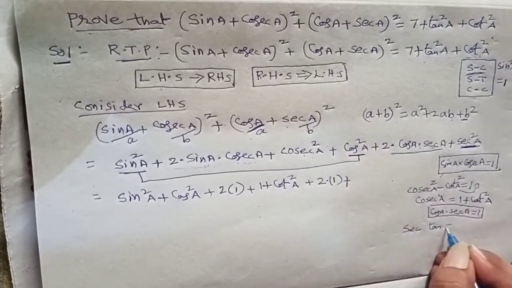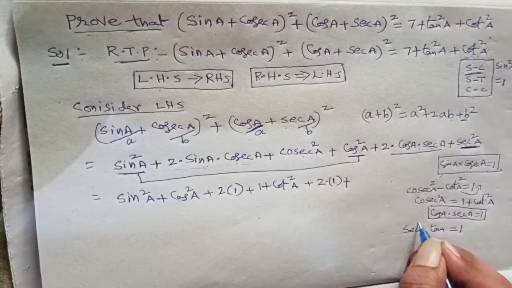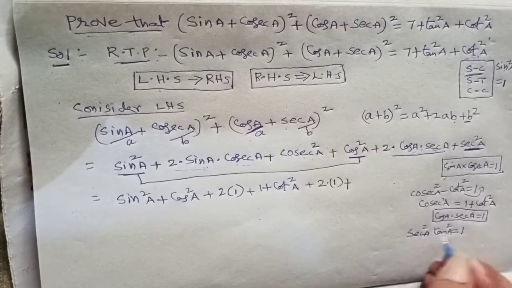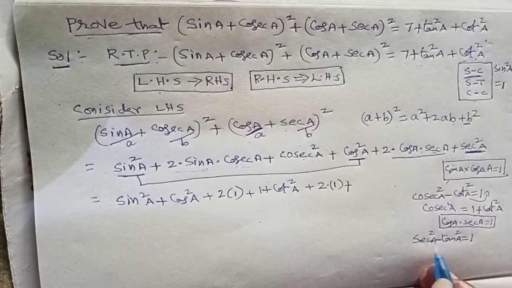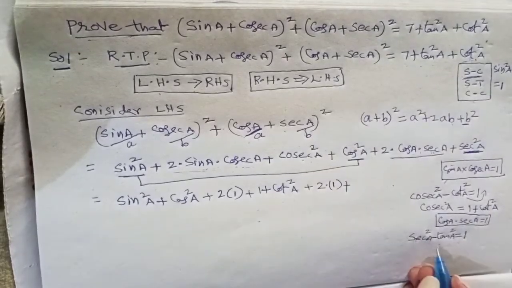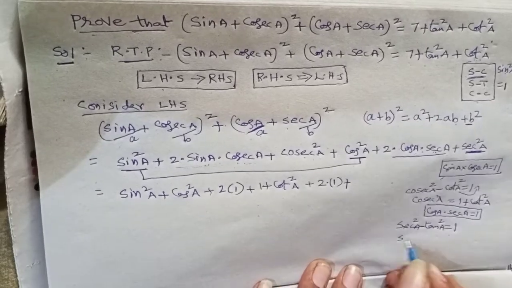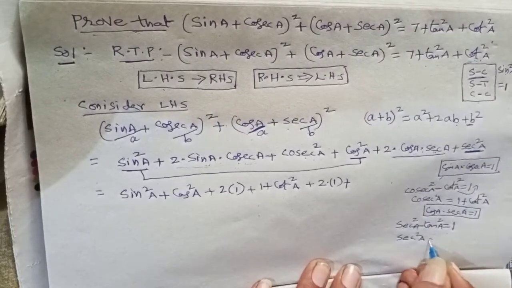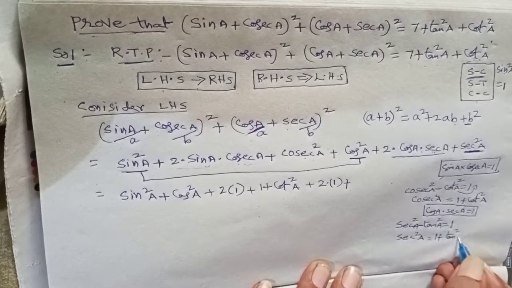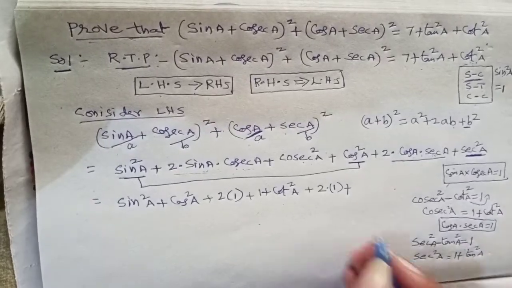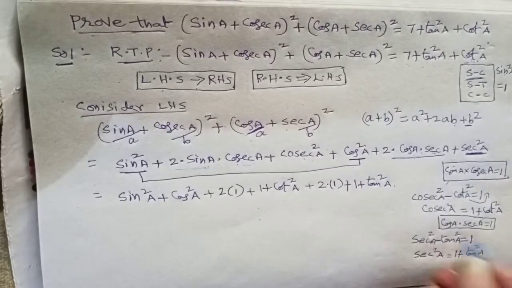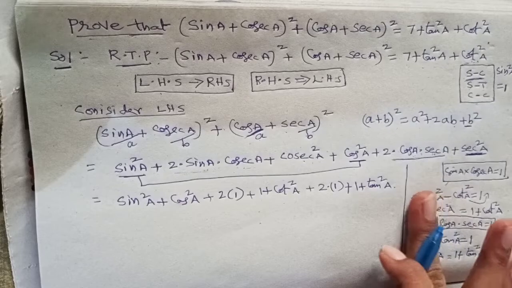Every identity is equal to 1 and every ratio is squared. Then write down the angle A, then put minus. So the identity is secant square A minus tan square A is equal to 1. From this you will get secant square A is nothing but 1 plus tan square A. Therefore, you have to write 1 plus tan square A. So this is the rough work.